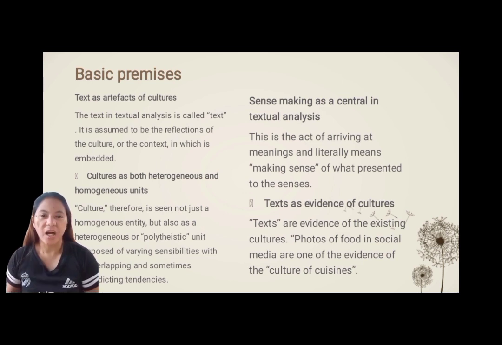Next is culture as both heterogeneous and homogeneous units. Culture, therefore, is seen not just as a homogeneous entity but also as a heterogeneous or polytheistic unit composed of varying sensibilities with overlapping and sometimes contradicting tendencies. Heterogeneous refers to the differences in cultural identity related to ethnicity, language, traditions, and religions, and many other cultural aspects.